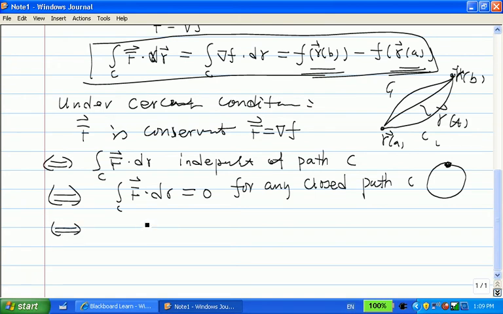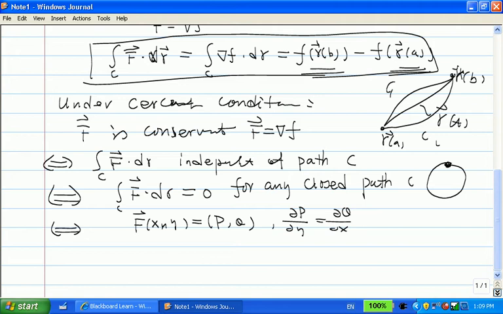Now we have a very simple way to check that, also under certain conditions. Then this is also equivalent to, say F has a P and a Q. Now, if partial P with respect to y equals partial Q with respect to x, then your capital F is conservative.